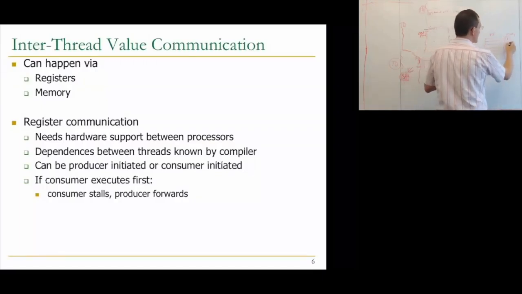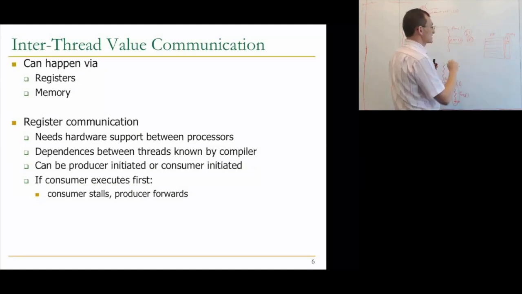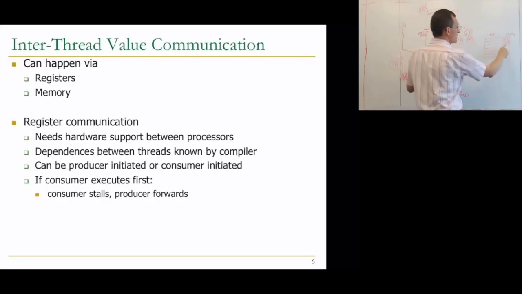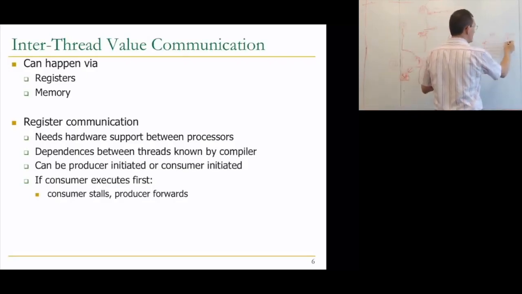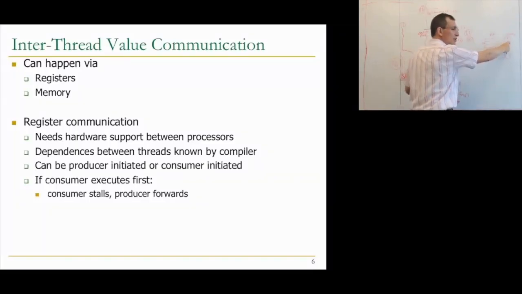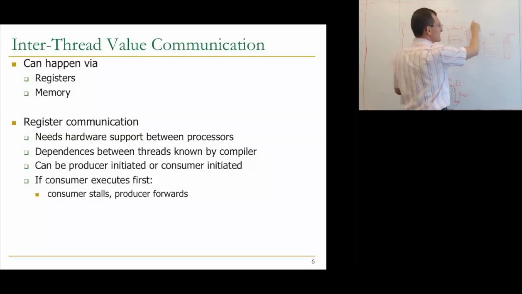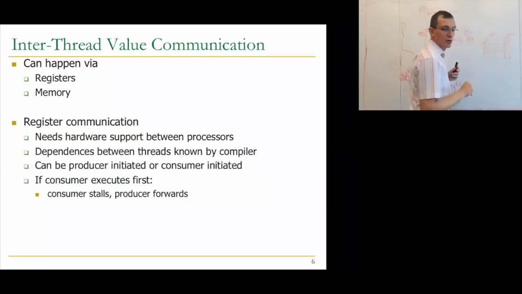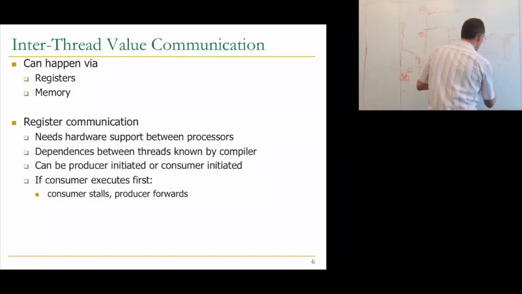And the ready bit is not set if the value is not available yet. When this thread starts, if the value of R2 has not been produced, the ready bit for that R2 will be initialized to 0. And only when this producer executes, it can set that ready bit to 1. So these ready bits are also called full empty bits.